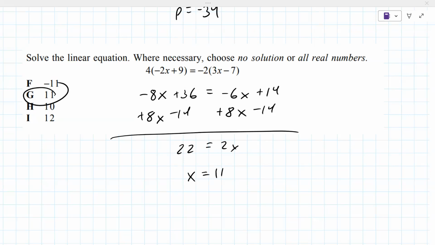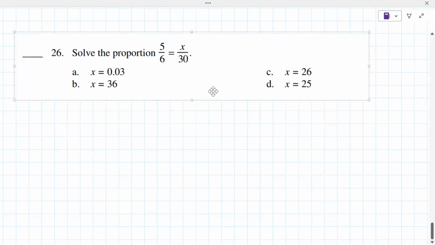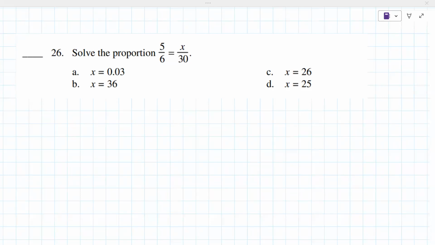Why is it so hard to find? Yeah, here we go. So the starter question here, from when we were doing this a week or two ago, is you just literally have to solve the proportion by cross multiplying or reducing the ratio. All right. Give that a try, please.